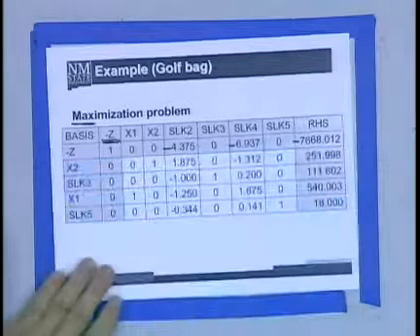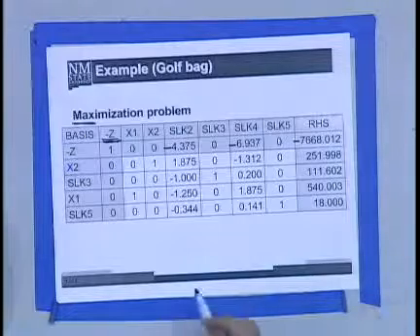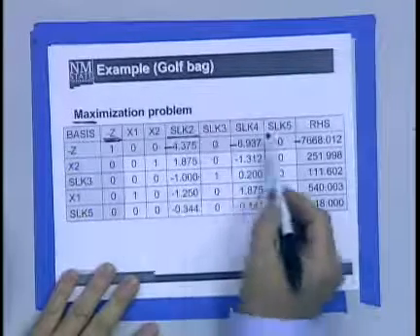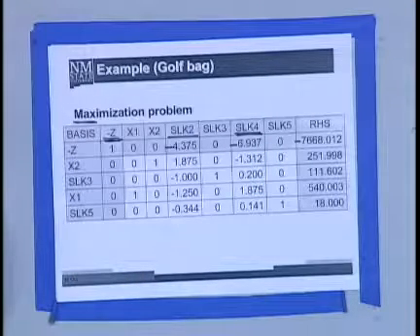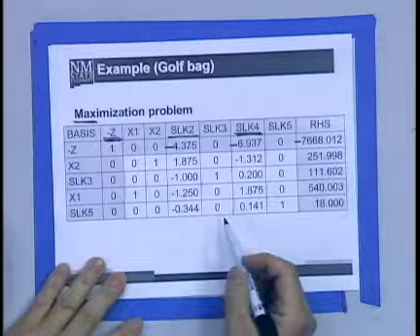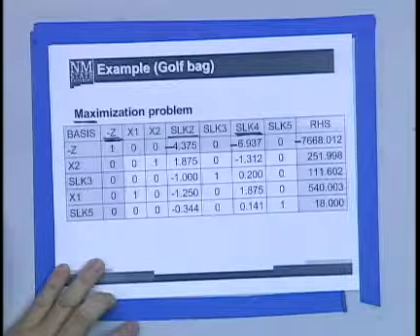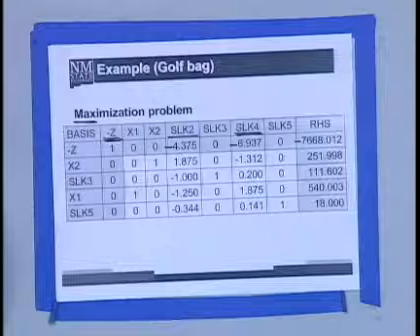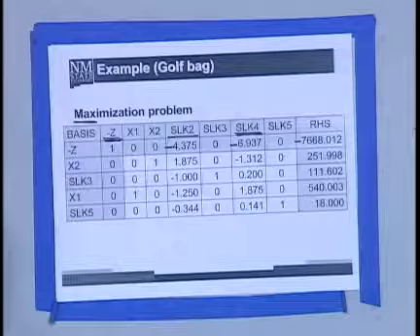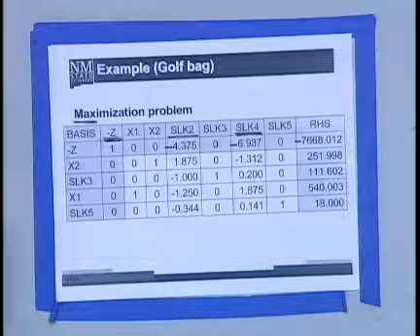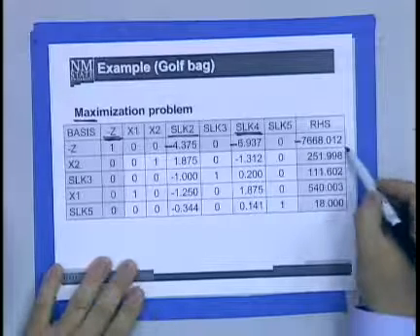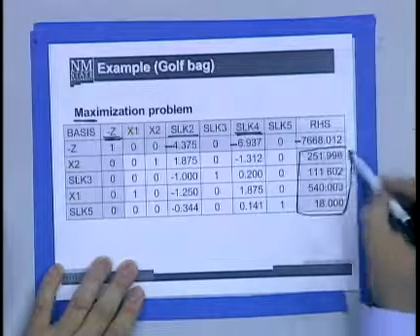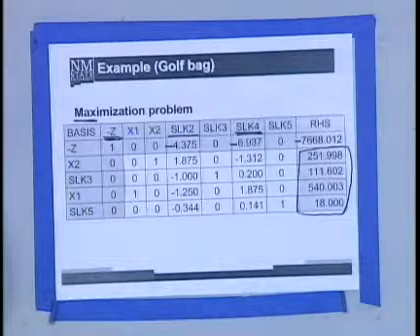Okay, and currently the non-basic variables are slack 2 and slack 4. Is that right? So their value must be 0. And of course, the current basic solution is not infeasible, right?